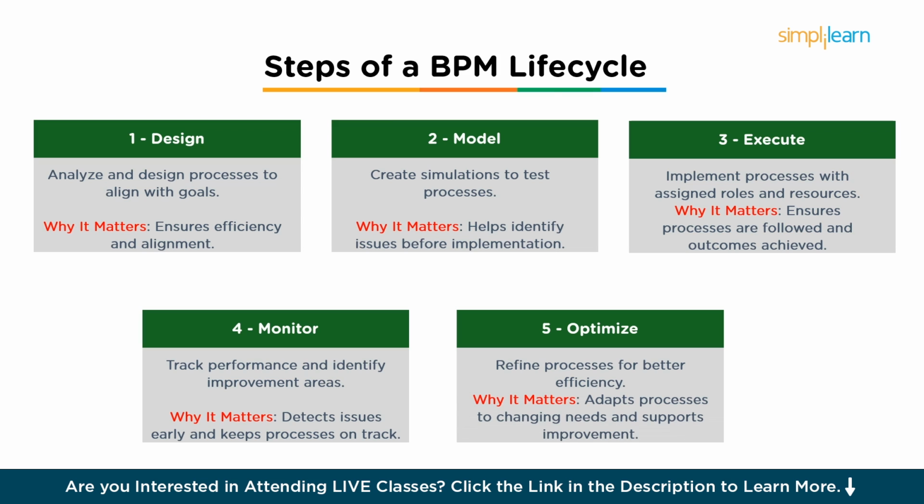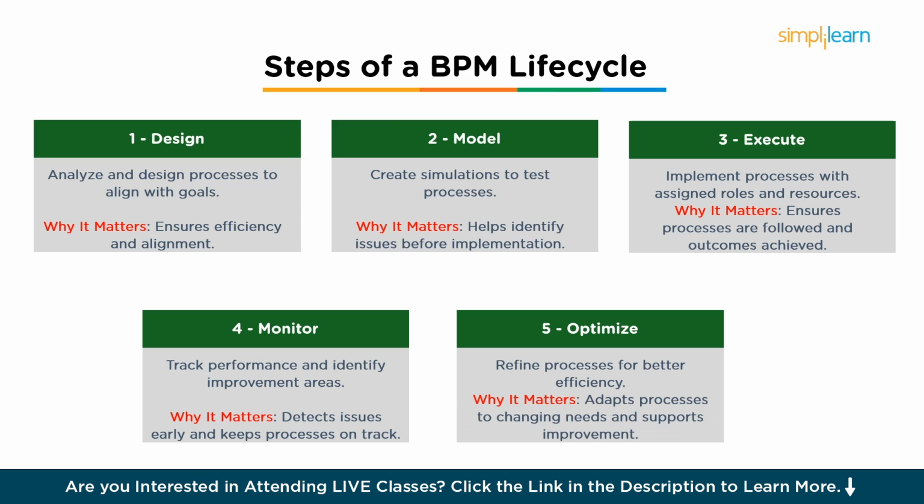Conclusion. In this module, we've explored the fundamentals of business process management, BPM, and its methodology, with a focus on real-world applications, the types of processes it addresses, its importance, and the steps in the BPM life cycle. By understanding these principles, organizations can leverage BPM to improve operational efficiency, reduce costs, and enhance the overall quality of their processes.